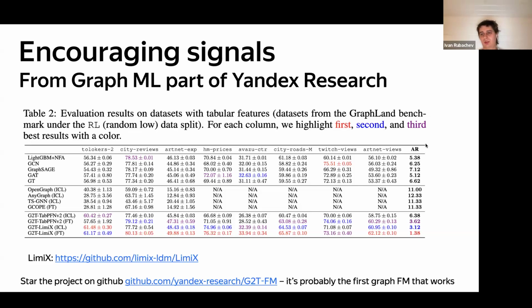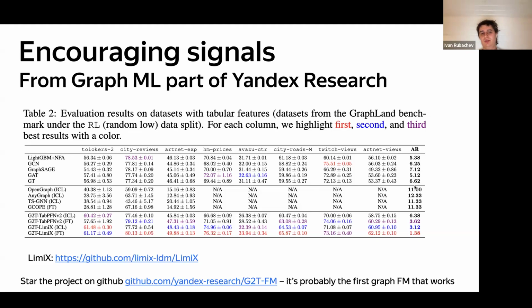And it basically shows, when we look at the average rank, that a simple LightGBM with feature aggregation using the provided graph actually outperforms most GNNs and outperforms markedly the graph foundation models.